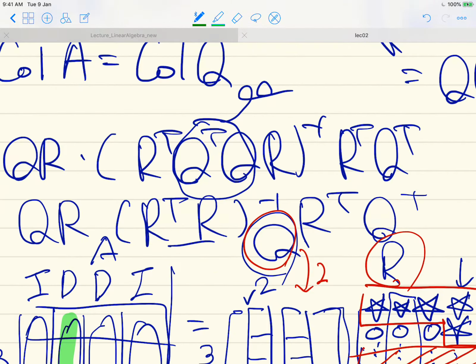Okay, so back to here. R is a square and invertible matrix, right?